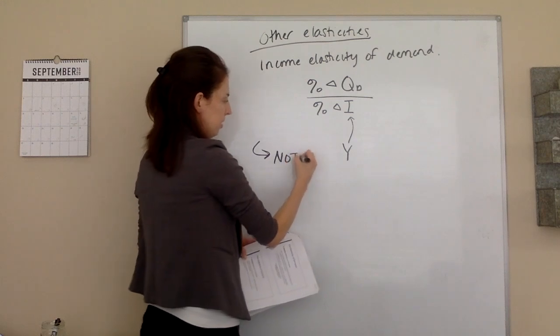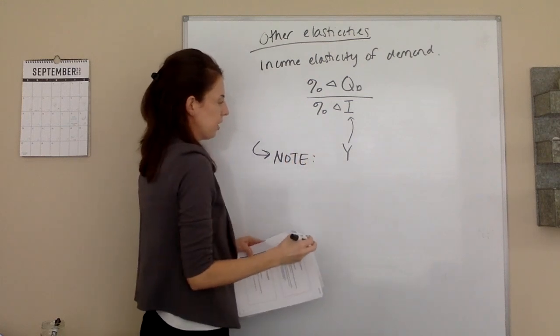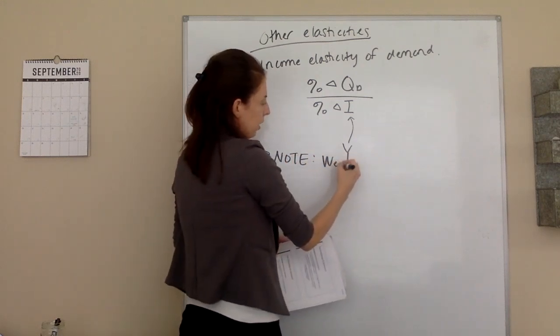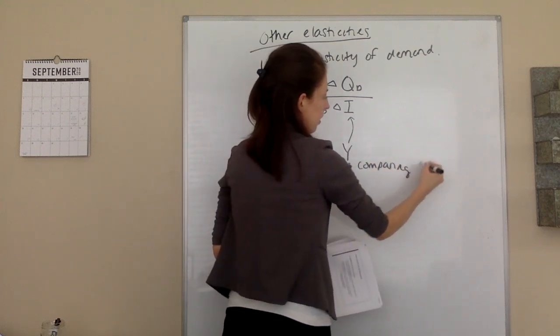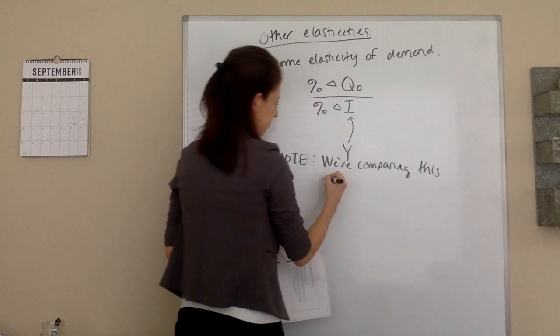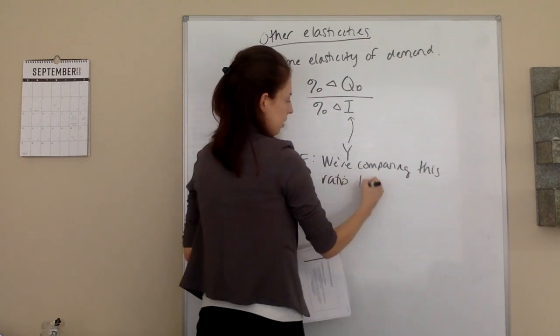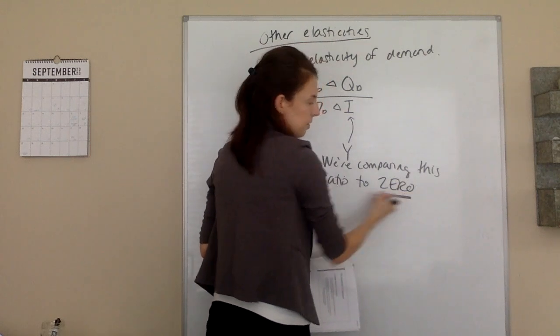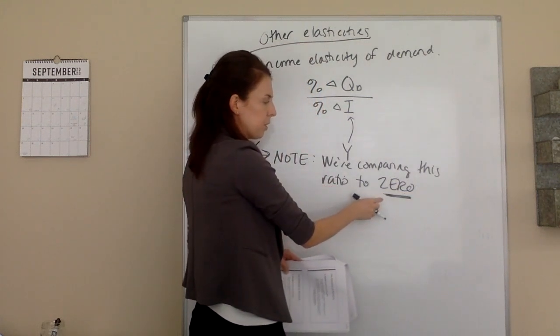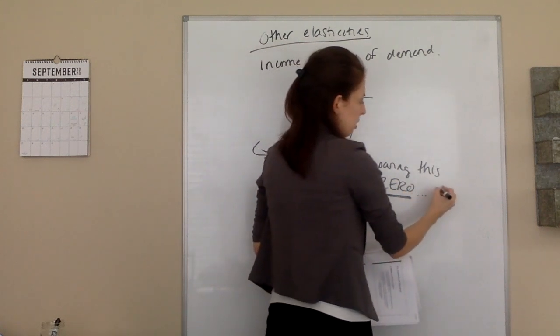Okay, so just note this. I'll write it out so you make sure you can't forget it. We're comparing this ratio to 0. So note this is a difference compared to the last elasticity. We're comparing the ratio relative to 1.